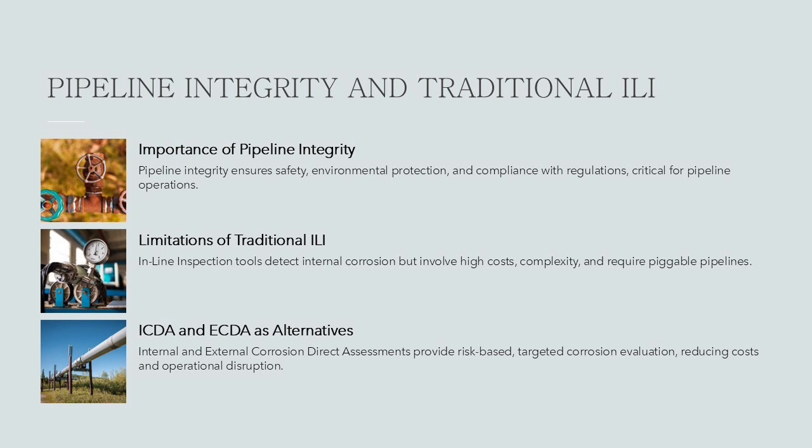This presentation introduces Internal Corrosion Direct Assessment or ICDA and External Corrosion Direct Assessment or ECDA as practical alternatives to ILI. These methods, defined by NACE standards SP0208 and SP0507, offer structured, risk-based approaches that focus on predicting and assessing corrosion at the most susceptible locations rather than inspecting the entire pipeline length.